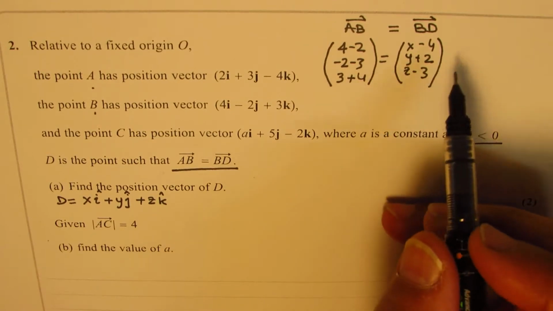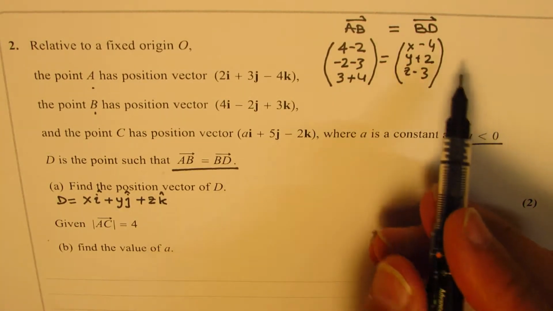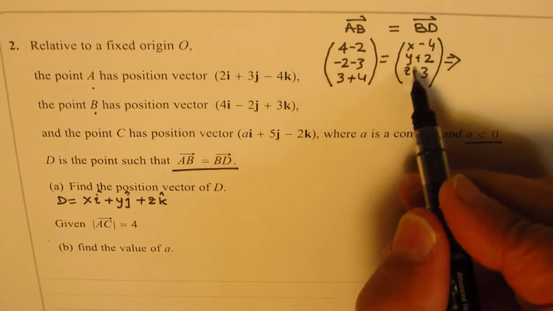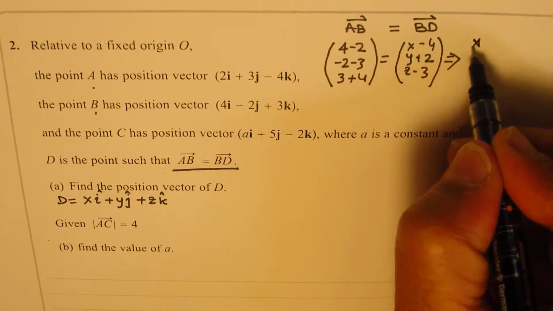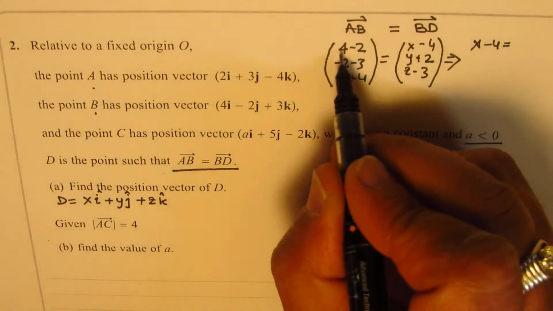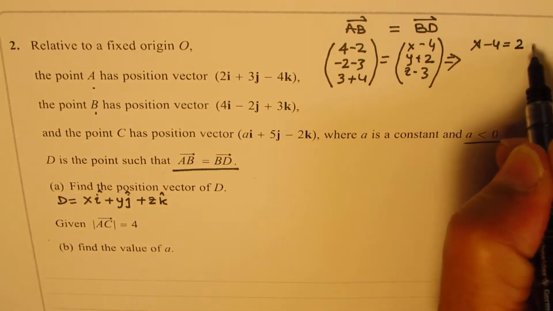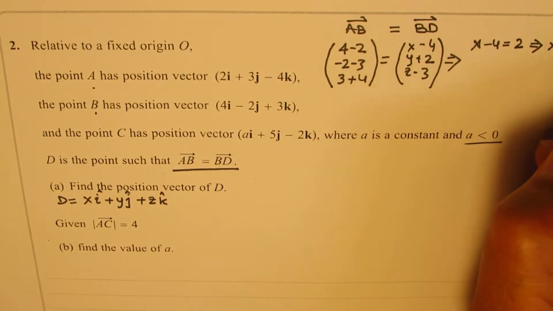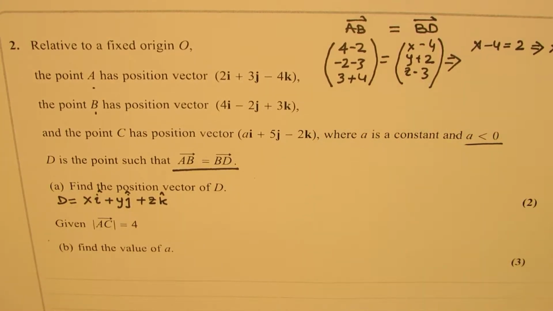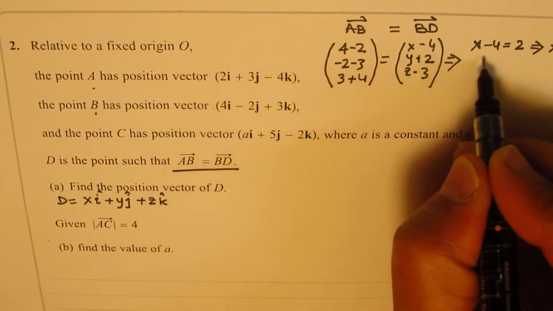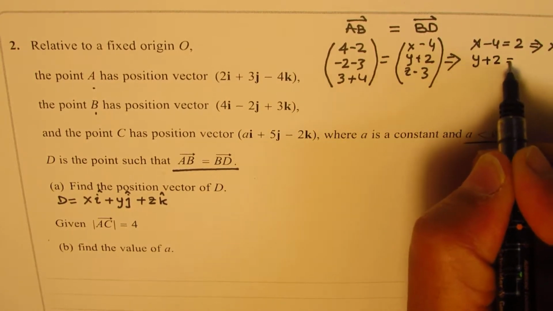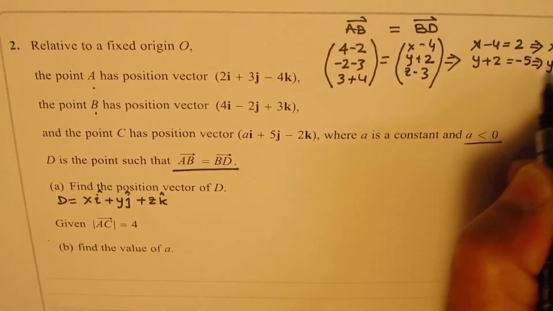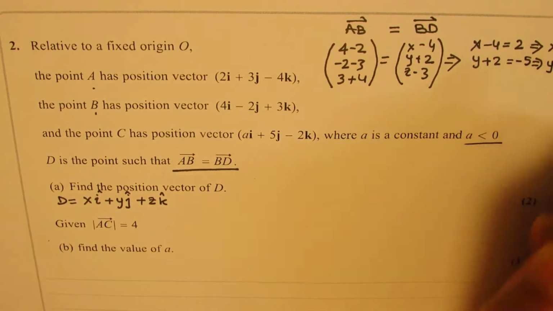From here we actually get 3 different equations, and we could equate each to find the values of x, y and z. So we have x minus 4 equals 4 minus 2, which is 2, so x equals 6. The other one is y plus 2 equals minus 5, and that gives you y as minus 5 minus 2, which is 7.